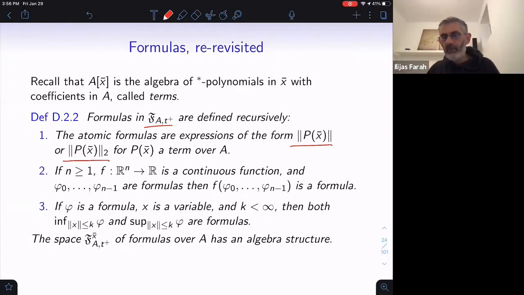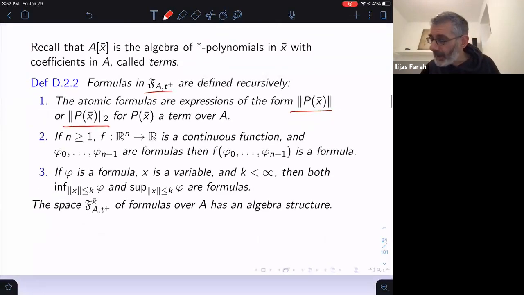But this was simpler and it works, so I'll just stick to this version. Once you define atomic formulas, everything else is the same. You apply continuous functions, you apply quantifiers. And again, this space has an algebra structure.